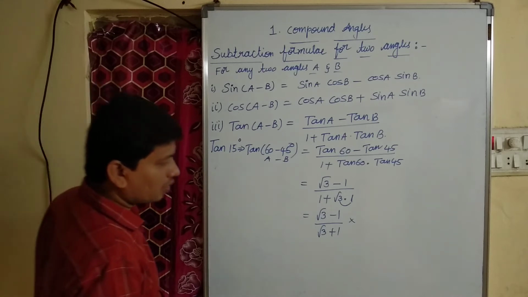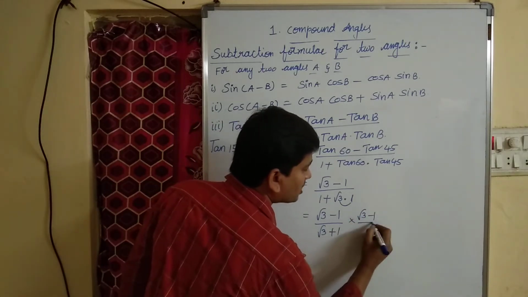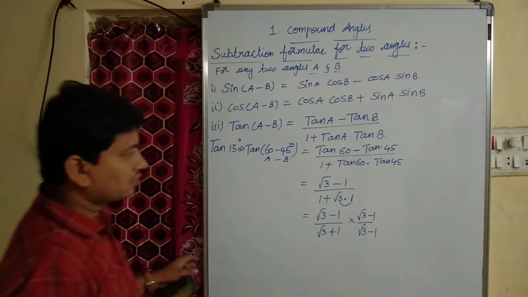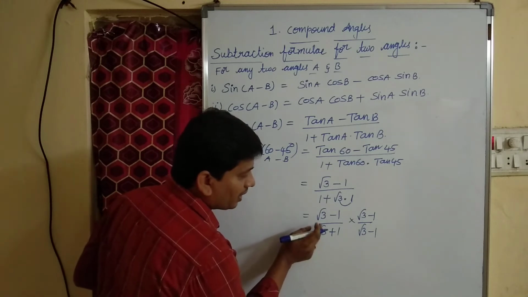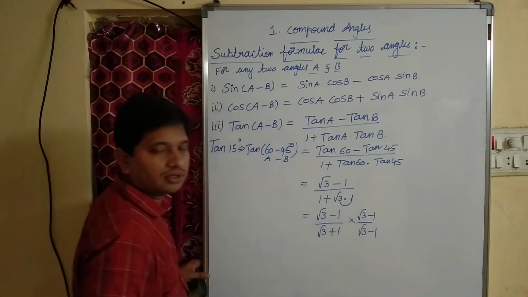Now, the rationalizing factor of root 3 plus 1 is root 3 minus 1 divided by root 3 minus 1. If you observe the numerator, here also root 3 minus 1.